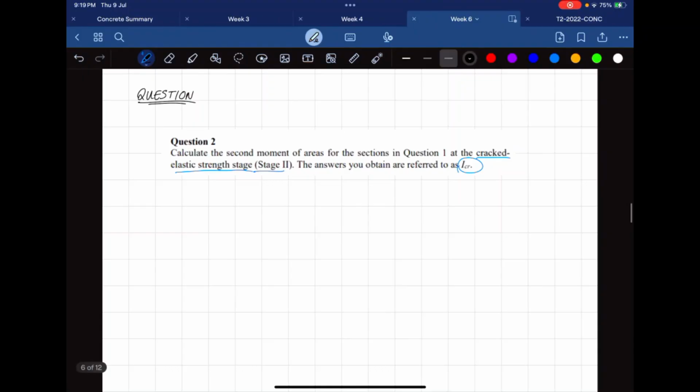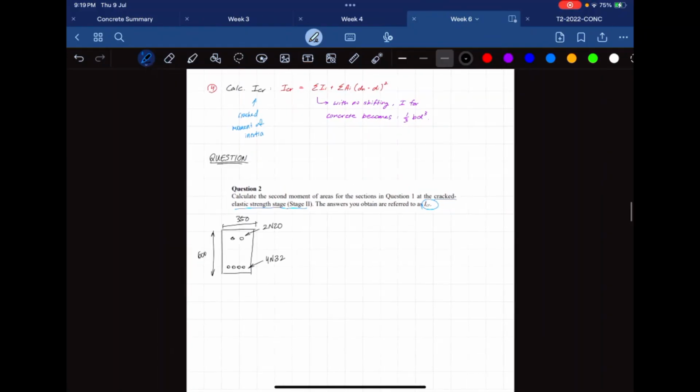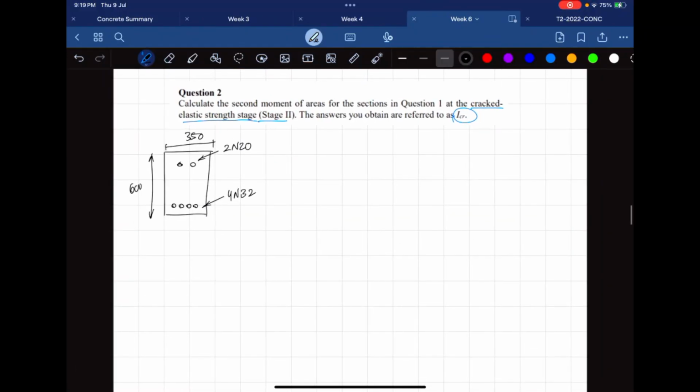So I'm going to be working with this thing again, for N32s. This was the cross section approximately. But yeah, we're going to have to find dn.